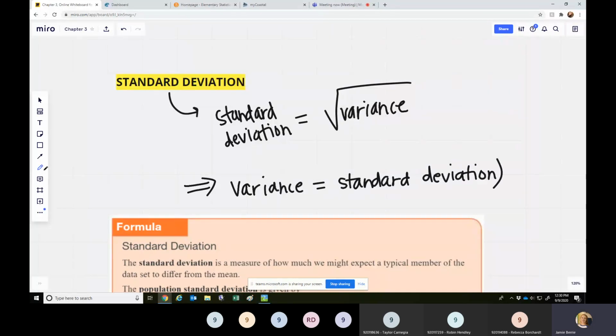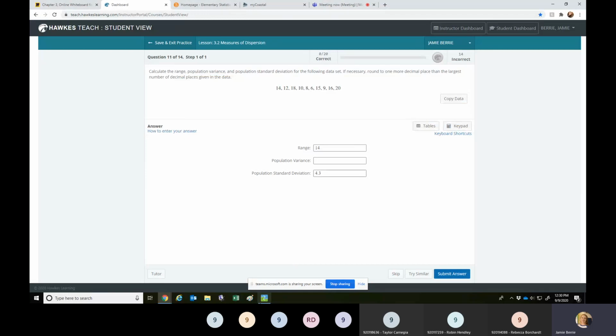So you take your standard deviation, I'm going to put it in parentheses here, and square it. So that's how we're going to find the variance here. So it's kind of a little cheat so that we don't have to do all that extra work to find the variance. So we're just going to use what we know the standard deviation is, and we're going to square it. So let me pull back up the homework here. So again, variance is equal to the standard deviation squared.